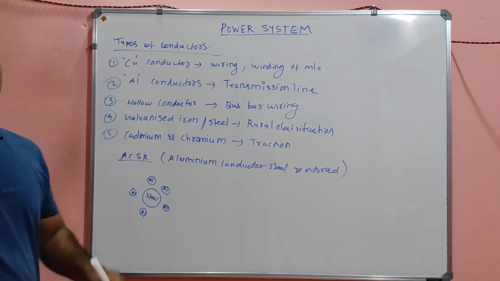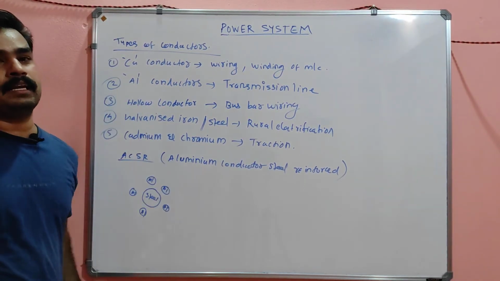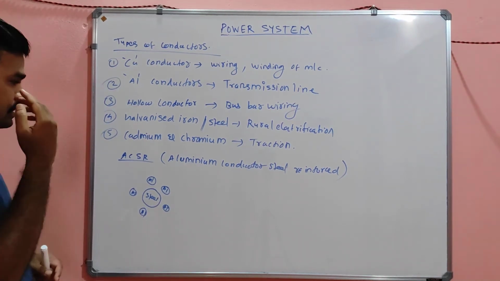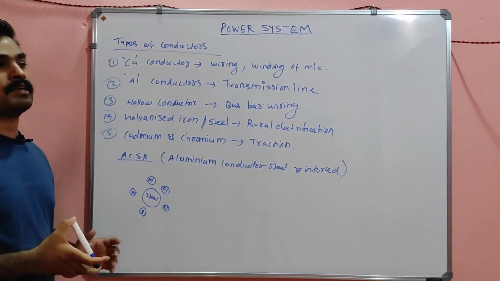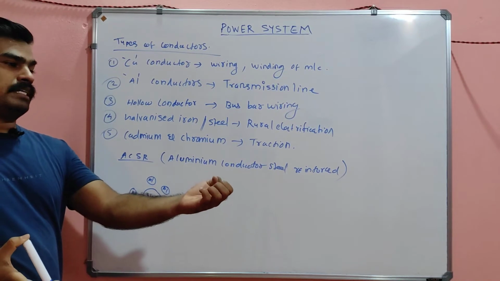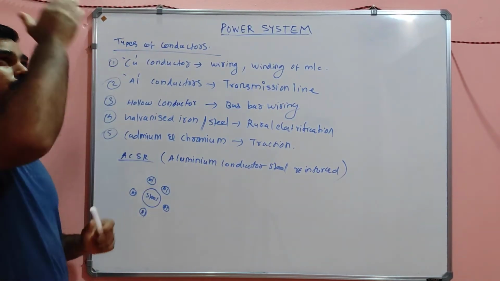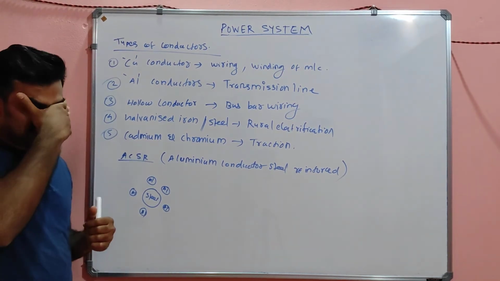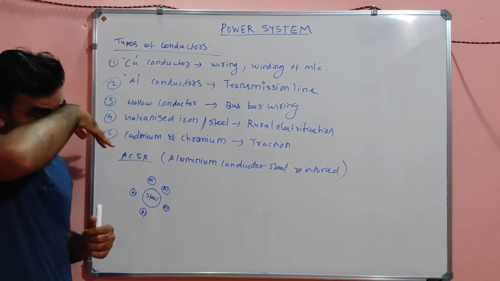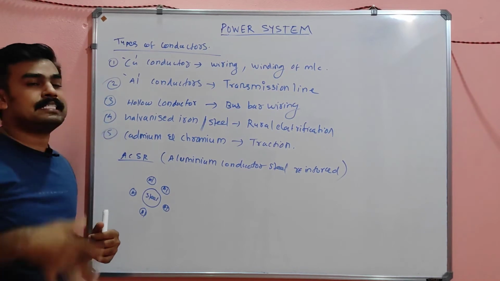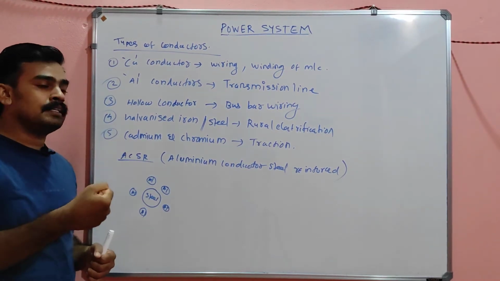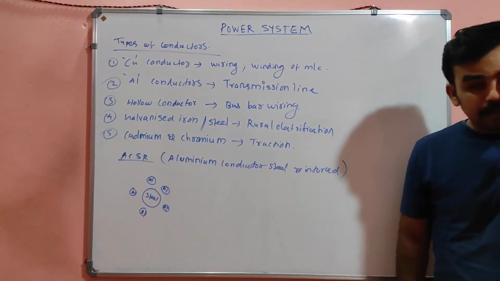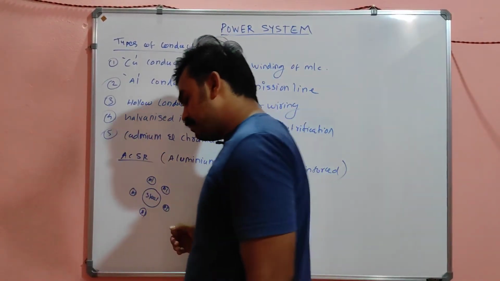The answer is midway is the steel. Why are we using ACSR? In order to strengthen the conductor, my dear. In the overhead transmission line we use bundled conductors, but their strength is very low and they are less flexible.